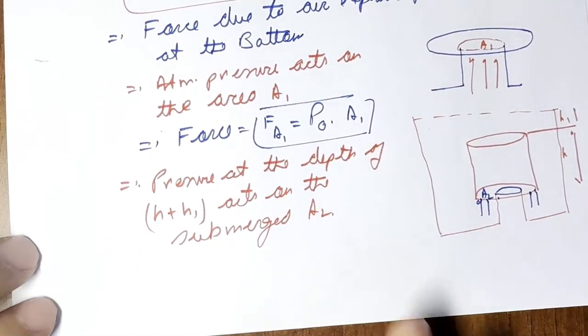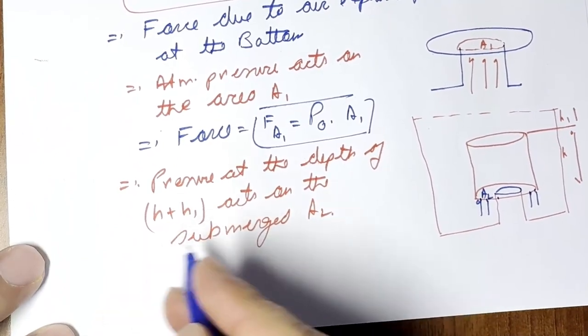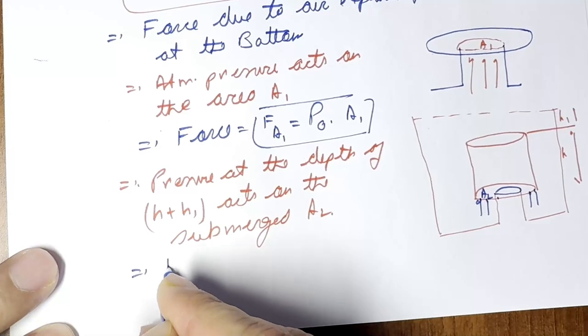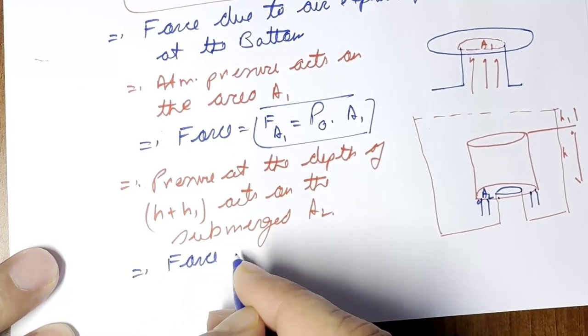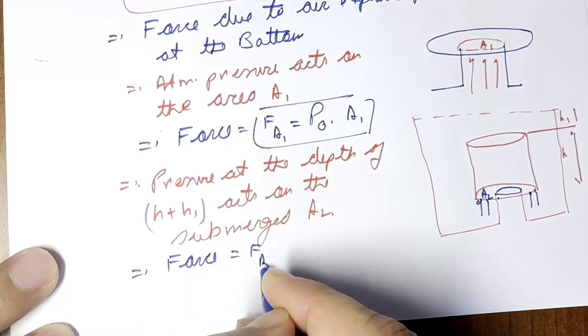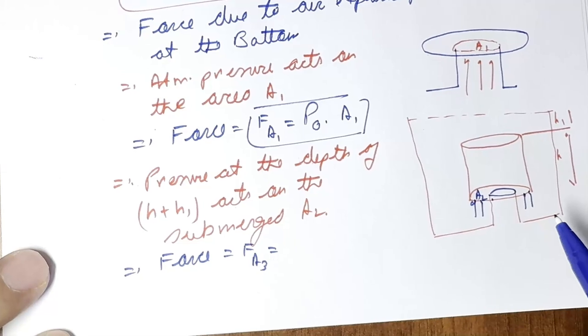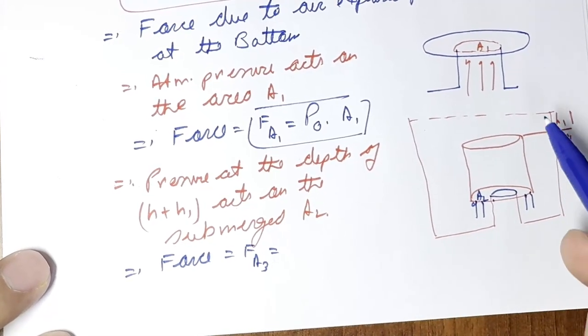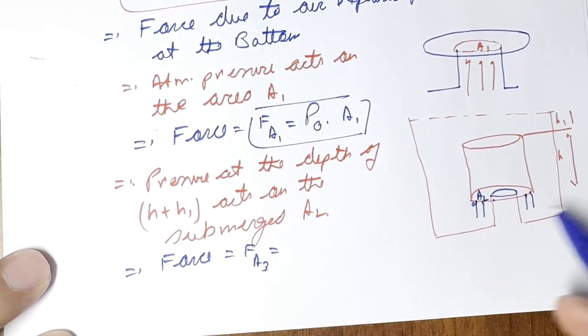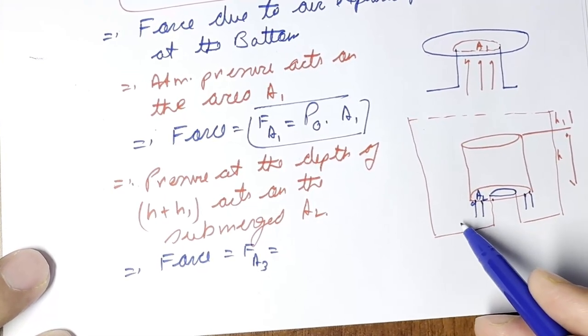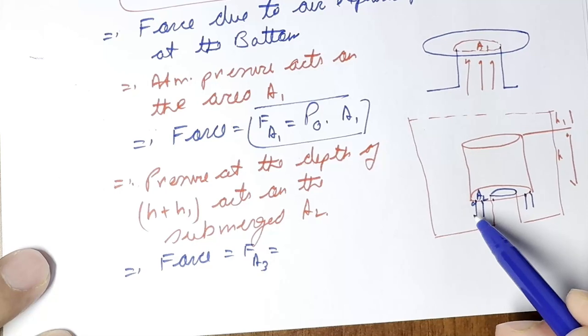So let us call that force FA3 rather. Force FA3 will be equal to the atmospheric pressure and the liquid column height at H plus H1.